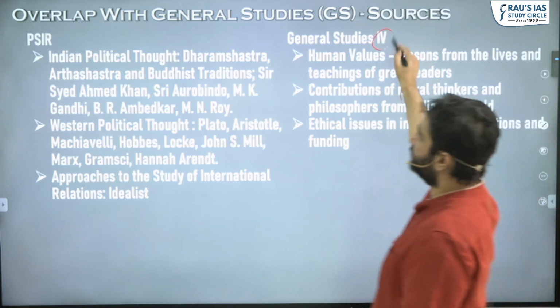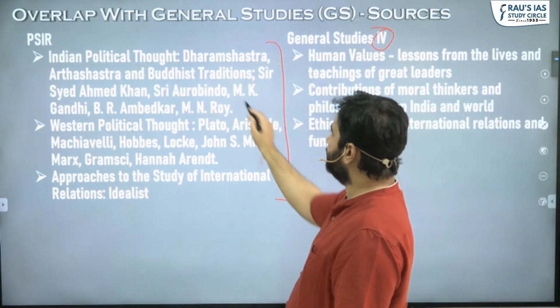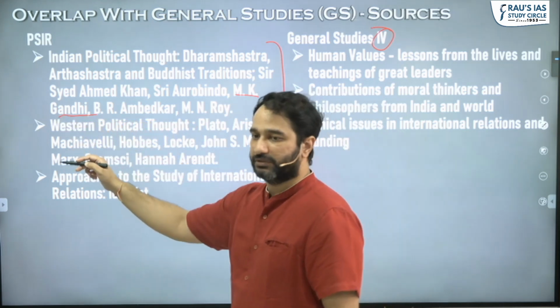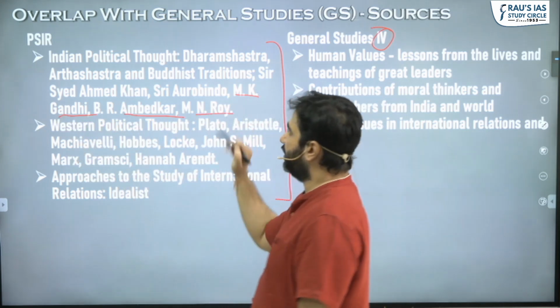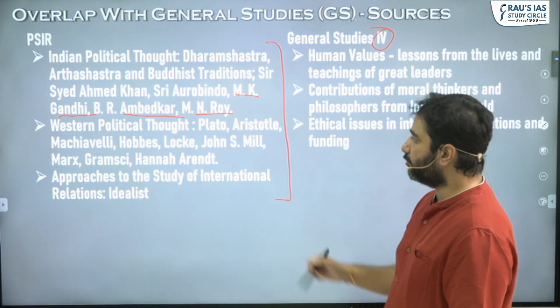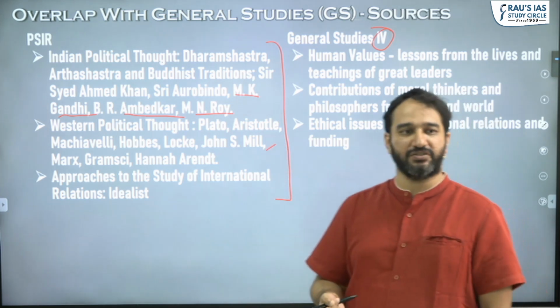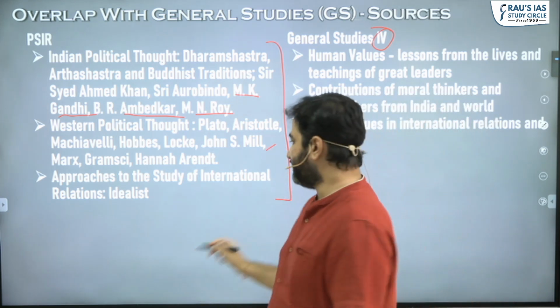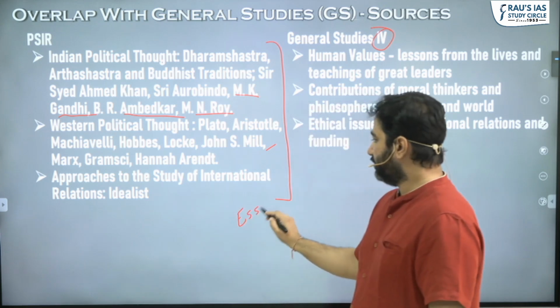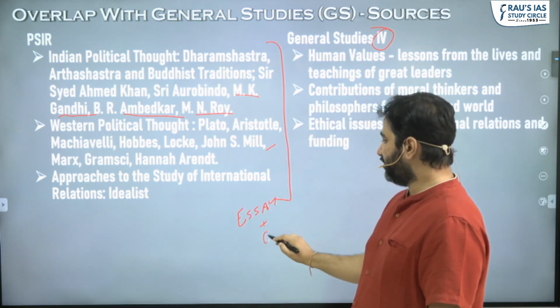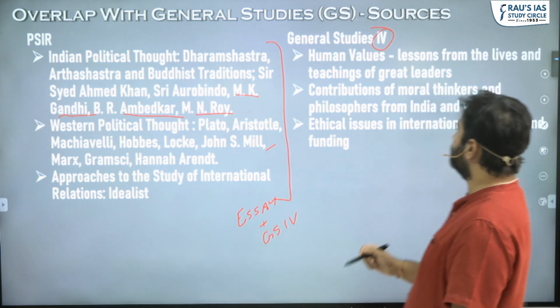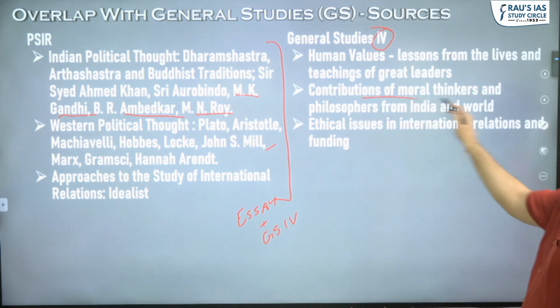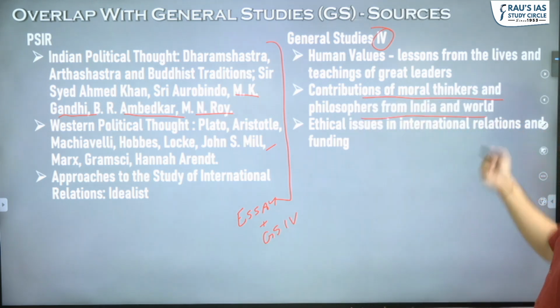Further, if you look at GS paper 4, what is going to happen? You learn about Mahatma Gandhi's view, Dr. Ambedkar's view and M.N. Roy's view. Further, you're going to learn a lot of Western thinkers, which you can use in your essay. Within GS paper 4, it talks about the contribution of moral thinkers and philosophers from India and the world.